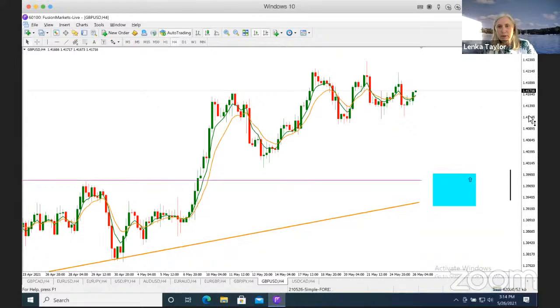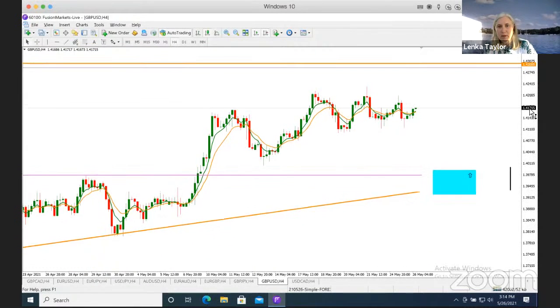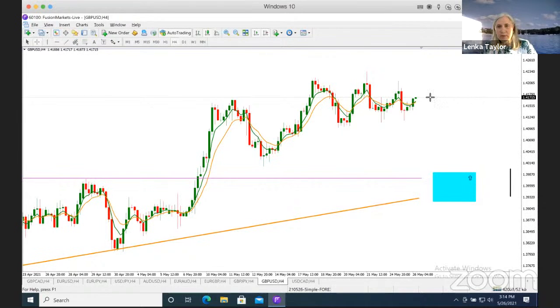I don't think there is really enough room. I will wait for the price to drop down either to the previous high or to the channel line, and then I would look for a long opportunity then.